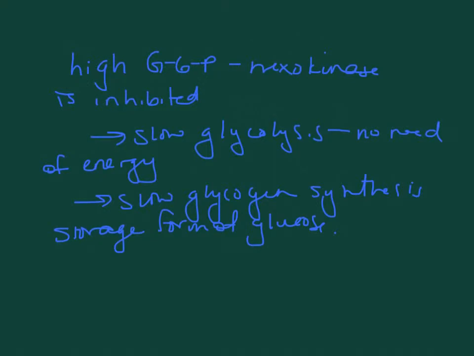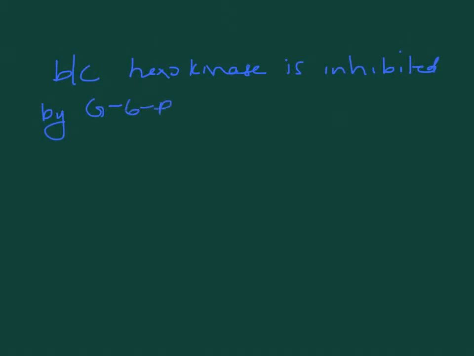So let's just write this down. Because hexokinase is inhibited by glucose 6-phosphate, this provides a means of communication with PFK.